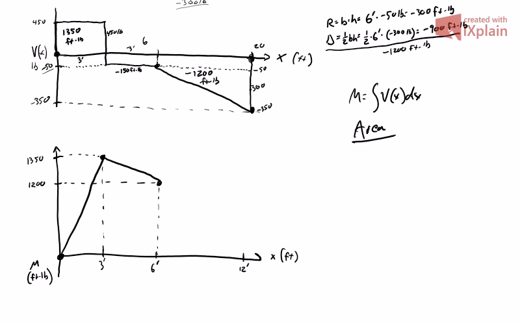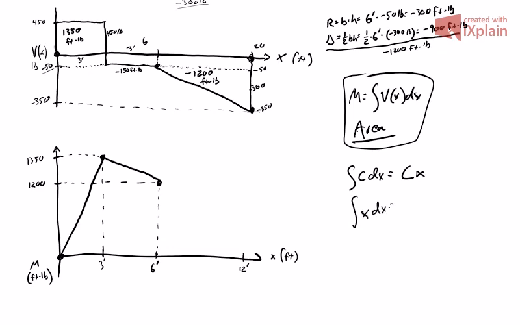So remembering back to calculus, when we did the integral of a constant, it gave us a linear shape. When we do the integral of a linear shape, you end up with a quadratic, right?